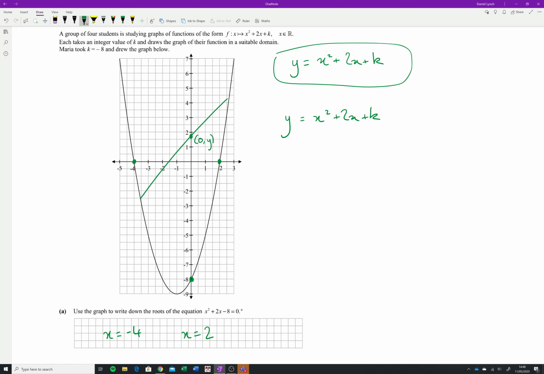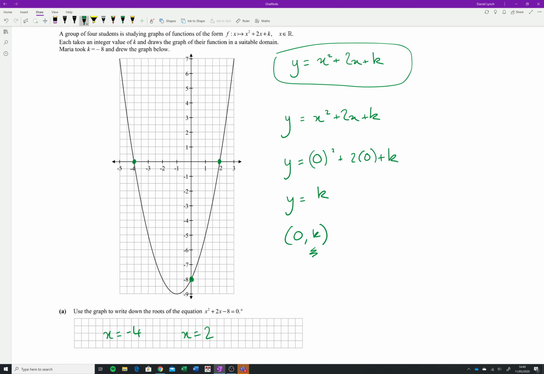You wouldn't know what the y value is. I mean, we could just read it off. Here again, x is 0. So where something crosses the y-axis, x is 0. So you just get instantly y equals 0 squared plus 2 times 0 plus k. So the y value where it crosses the axis is given by k.